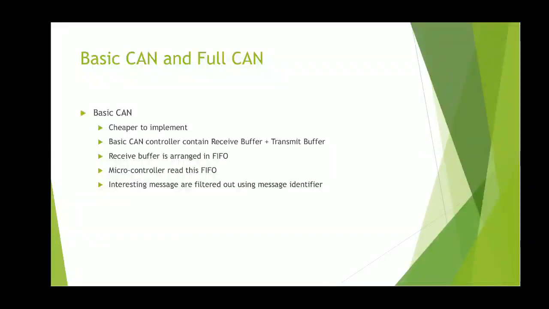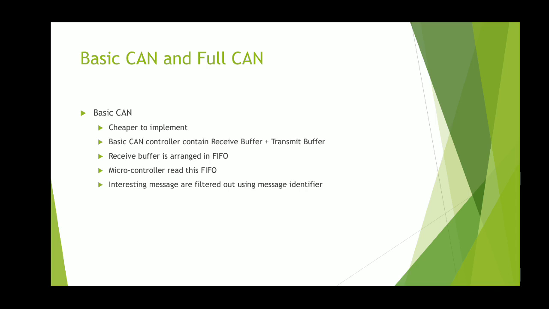Depending on the CAN controller, CAN can be classified into two types: basic CAN and full CAN. Basic CAN is the cheaper version of CAN, and in basic CAN the CAN controller contains only a receive buffer and a transmit buffer.